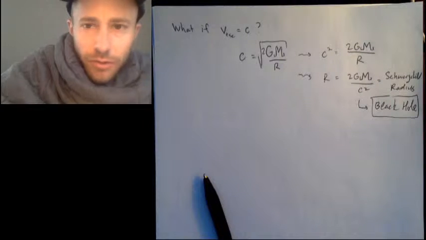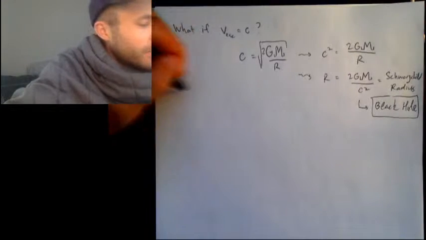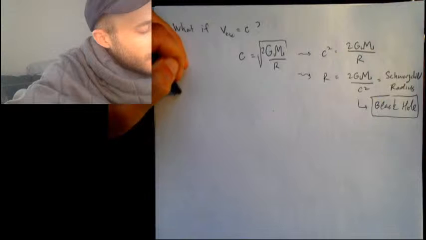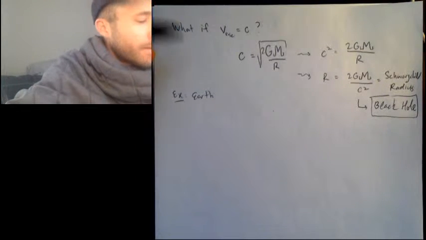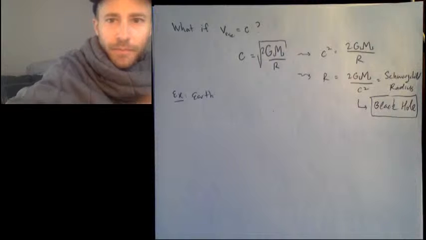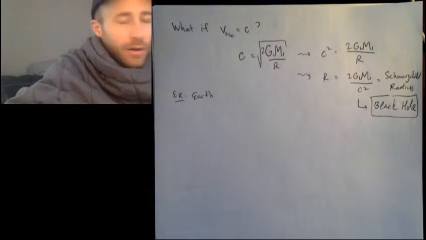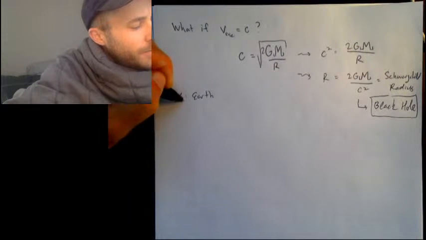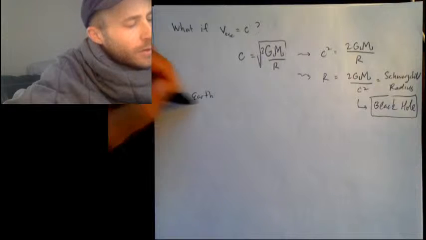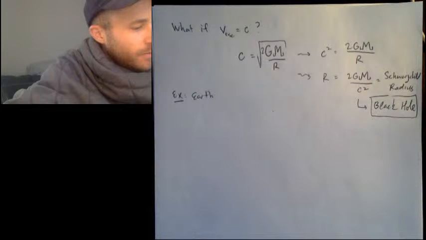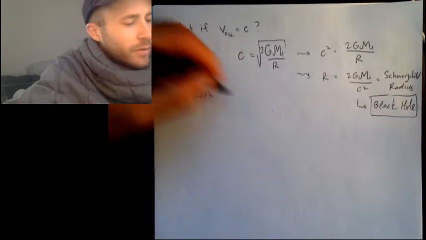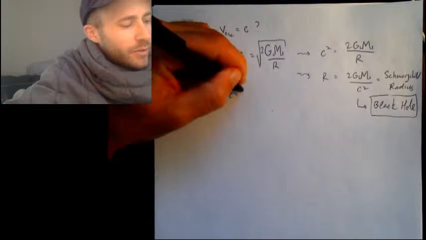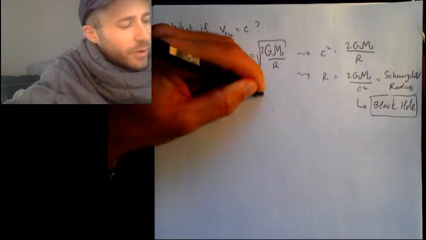Let's just go ahead and calculate it for Earth. And by the way, the speed of light is 3 times 10 to the 8th meters per second.